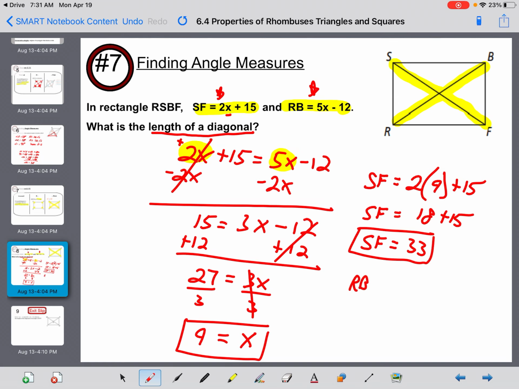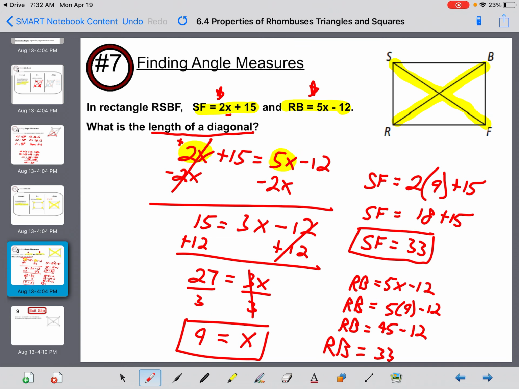Just to double check with RB, RB equals 5x minus 12. Well, this is really 5 times 9 minus 12, which is 45 minus 12, which is 33. So it works out because both are the same.